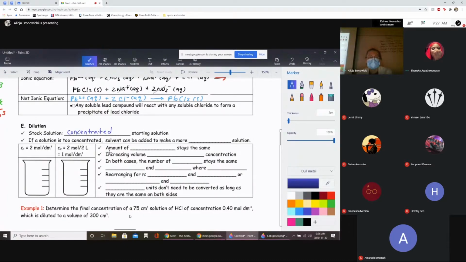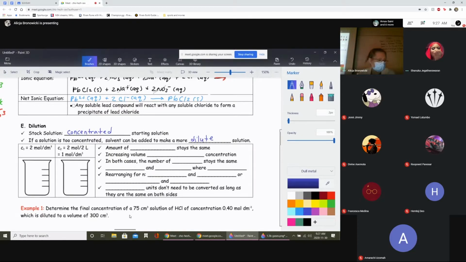A lot of times, like our 18 molar sulfuric acid in the back, that is a stock solution. I wouldn't work with 18 molar sulfuric acid. I dilute it before I work with it. So if a solution is too concentrated, solvent can be added to make a more dilute solution.